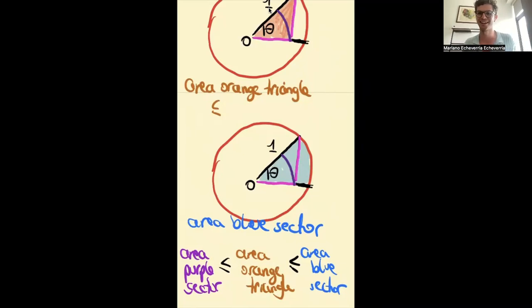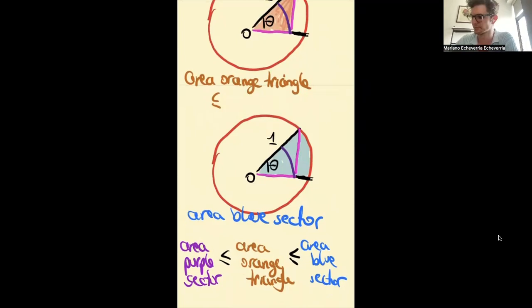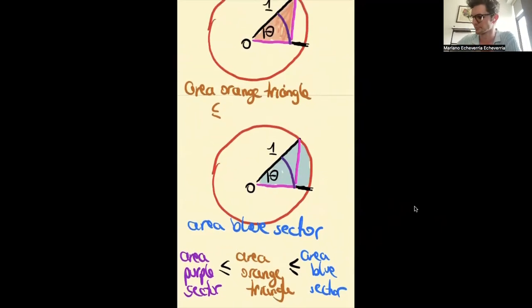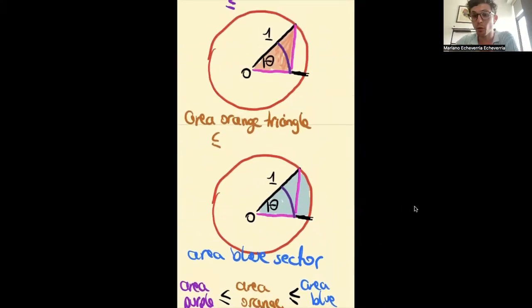Okay, so let's start with the one in the middle because maybe you remember the area of a triangle more easily. So what's the formula for the area of a triangle? One half base times height. Good, I agree with you.